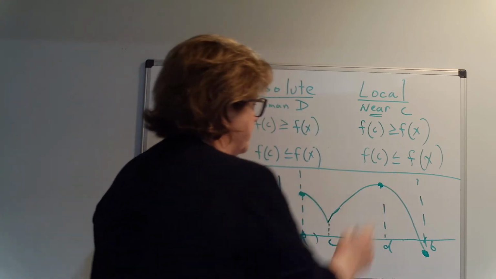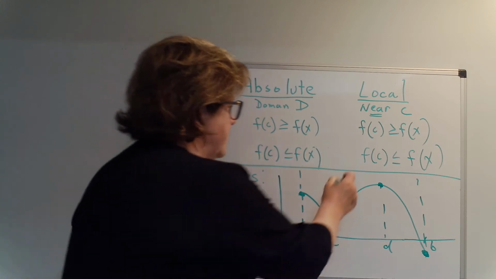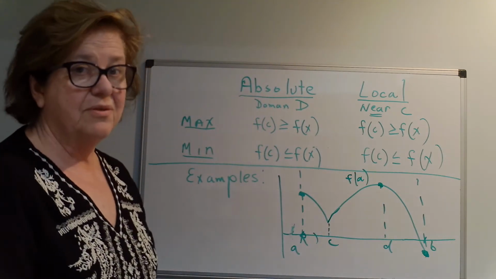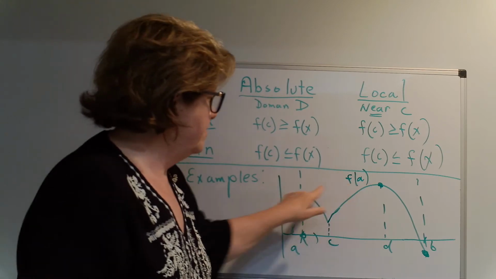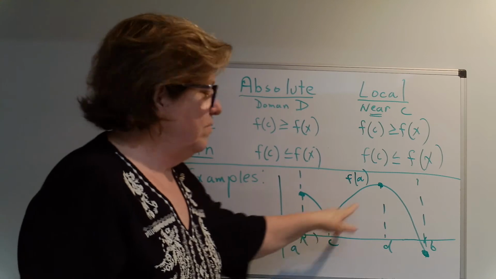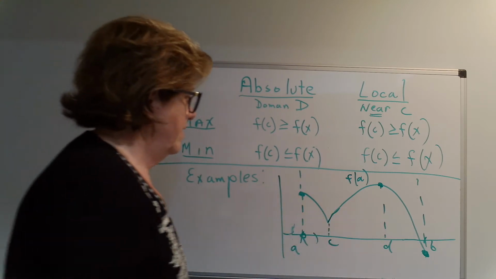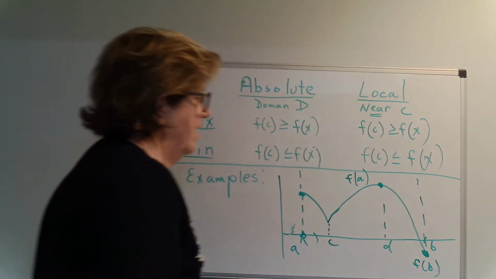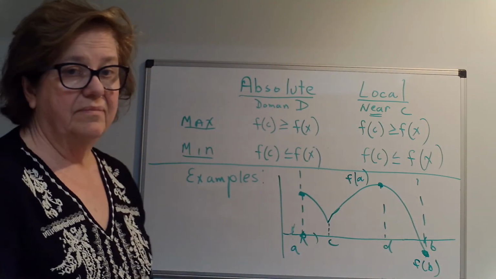F at D would be a local maximum and an absolute maximum because that's the highest y goes anywhere on the curve. F at B is going to be an absolute minimum.